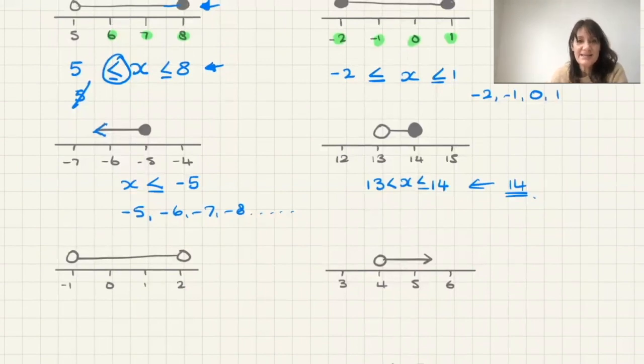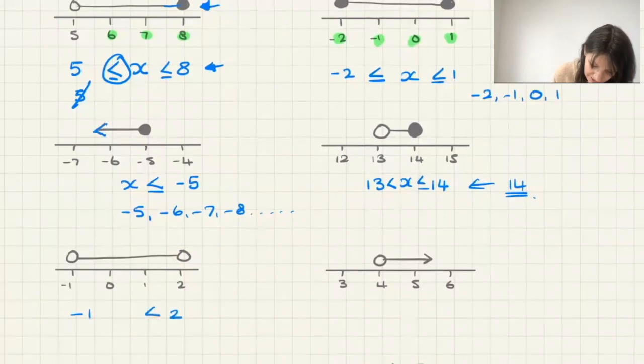Hit play when you're ready. Okay, so I have minus 1, 2, it doesn't equal it, it doesn't equal it. So that's the inequality. So it can't equal minus 1, which means 0, 1, and then it can't equal 2.